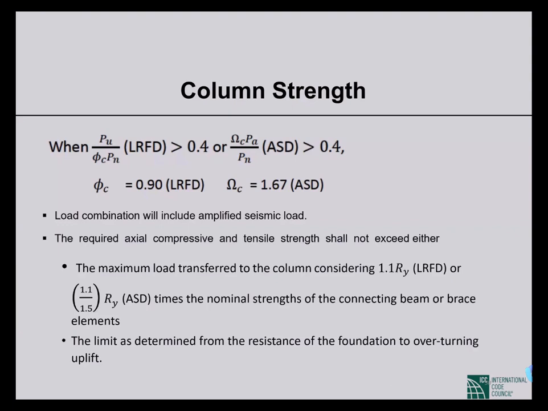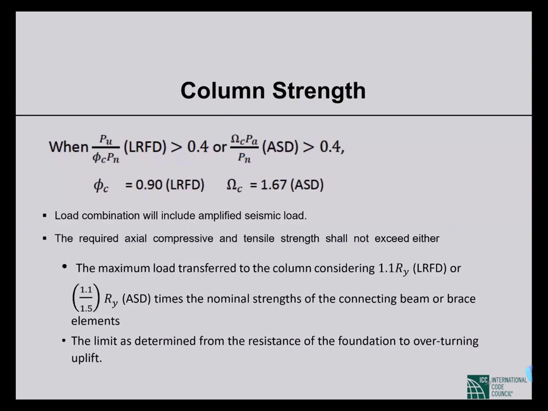For column, we have to always take amplified seismic load. The required axial compressive and tensile strength shall not exceed either of these two. The maximum load transferred to the column, considering 1.1 Ry, or there is another value, times the nominal strengths of the connecting beam or brace element.